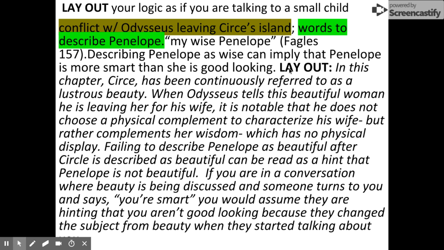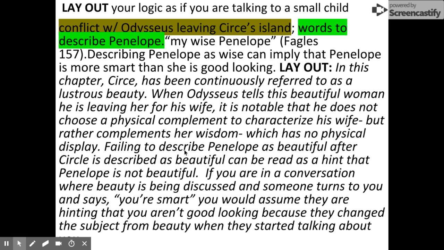I'm going to pretend I'm talking to a little kid, and I'm going to tell them, in this chapter, Circe, another woman, has been continuously referred to as lustrous, which is a word for beautiful. When Odysseus tells this beautiful woman he's leaving her for his wife, it's kind of notable he doesn't mention his wife with any physical compliment to characterize her, but rather he characterizes her as wise, her wisdom, which isn't a physical display.